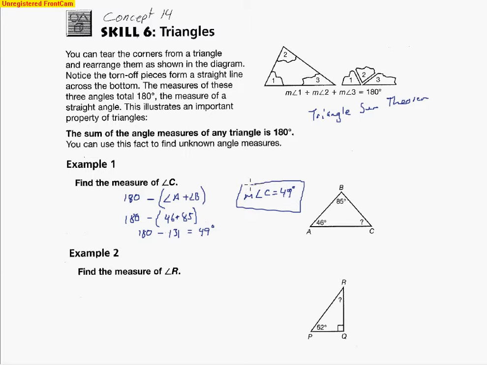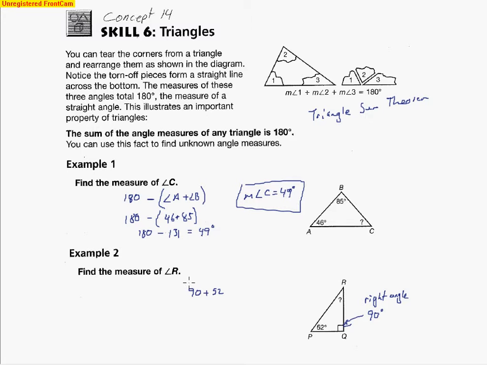So let's take a look at another example. Now we're trying to find the measure of angle R. R is up here. Now this symbol right here tells me that I have a right angle. And so a right angle is always equal to 90 degrees. So we're going to use that right angle there of 90 degrees. We're going to add it to the angle that we already have, angle P of 52 degrees.